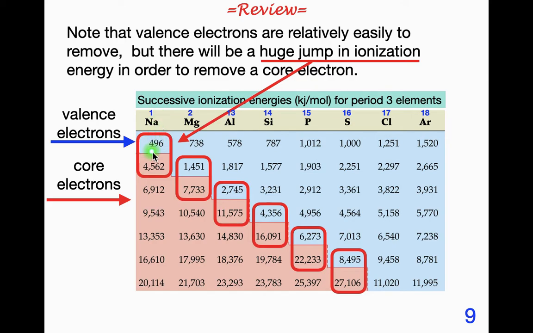So we can use that to identify what family an element is in simply by looking at where is there a large increase in ionization energy. Well, for aluminum, the first 3 electrons are removed relatively easily, but the 4th electron is a big jump in ionization energy. So that tells us we have 3 valence electrons. All right, so we'll do a practice on this in a minute.